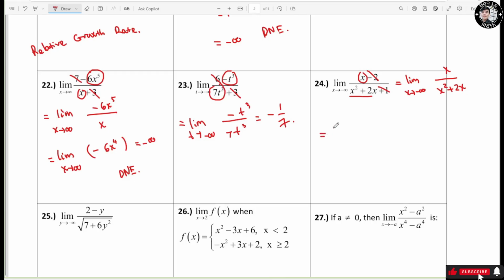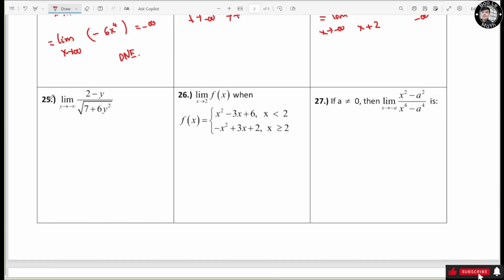So it could be limit of 1 over s plus 2 when s approaches negative infinity, right? So it's going to be 1 over negative infinity. It's going to be 0 minus, right? Question 25.